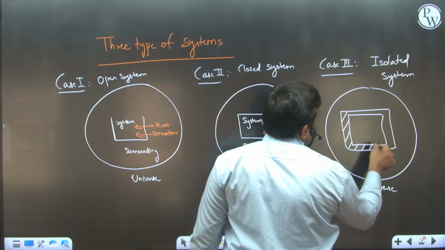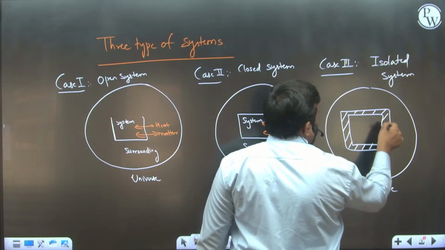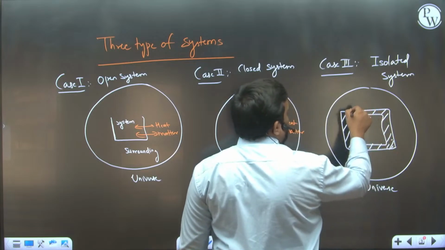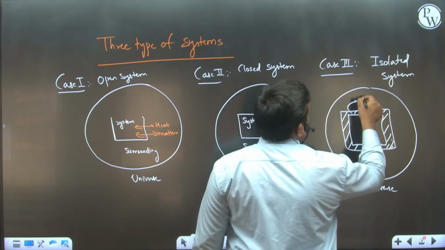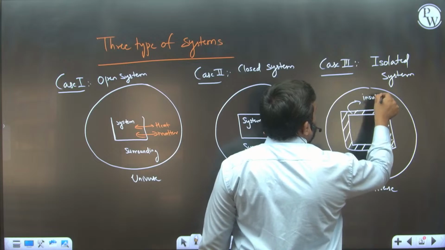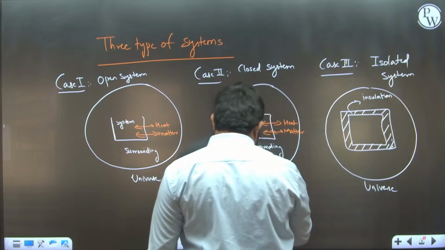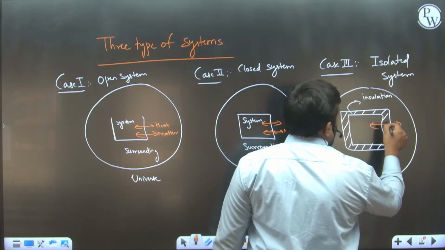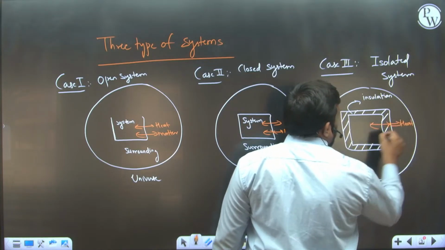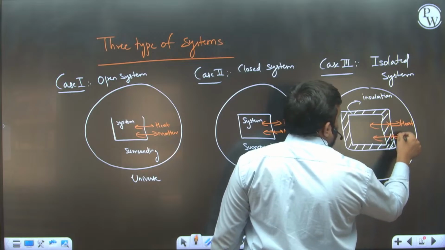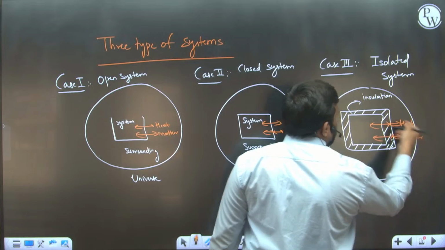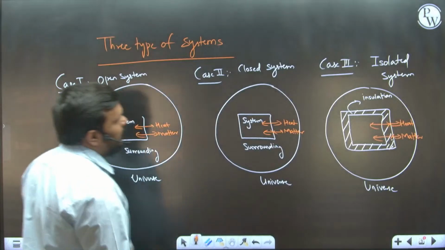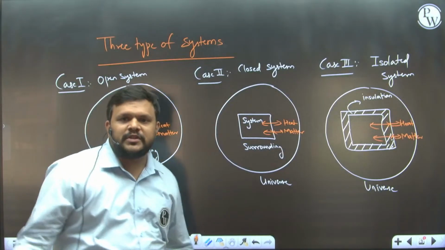You can see it is insulated. So insulator is used, which is a bad conductor of heat. This is insulation. So over here we will be having no heat exchange as well as no matter exchange, which is adiabatic process basically. So these are the three type of system over here.